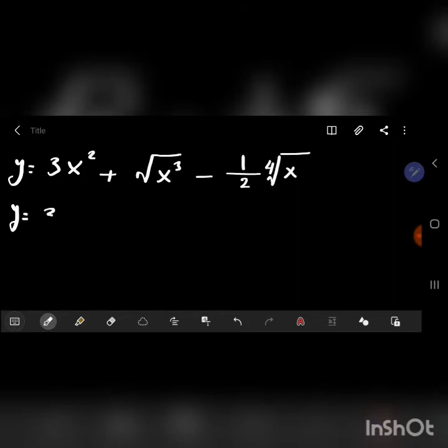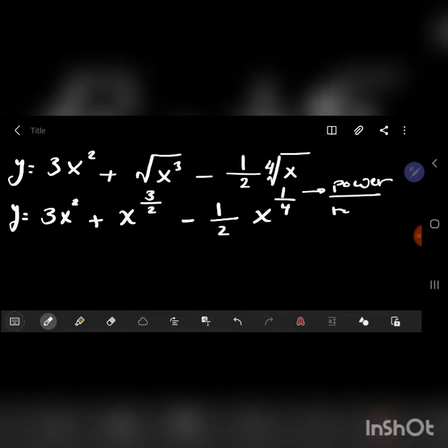Y equals 3x squared plus x to the power 3 over 2 minus half x to the power 1 over 4. It's a rule we took before, from root to power.